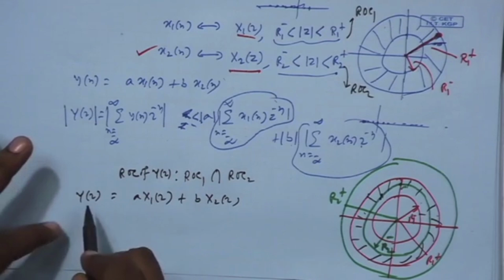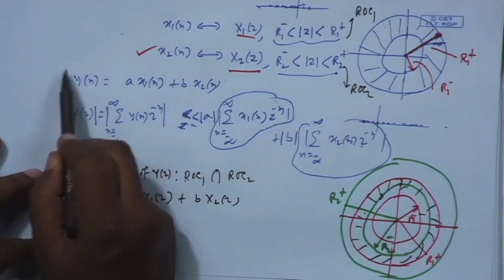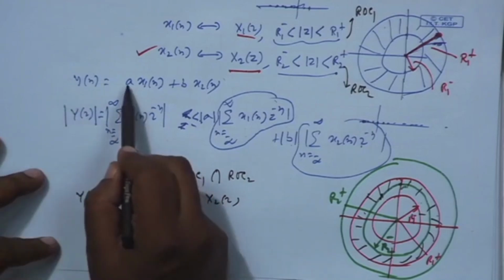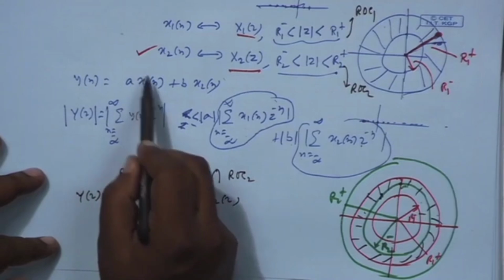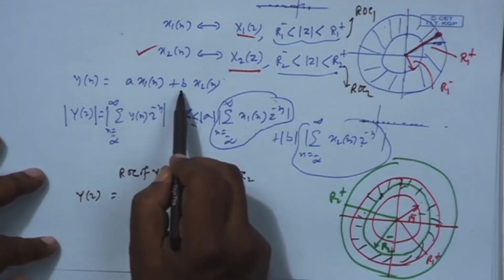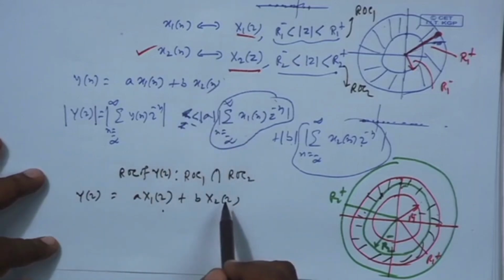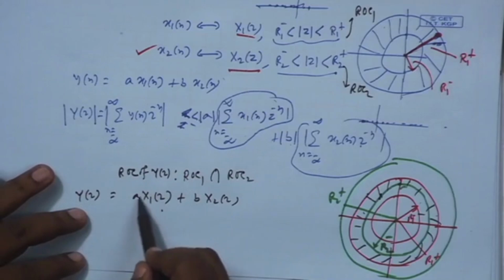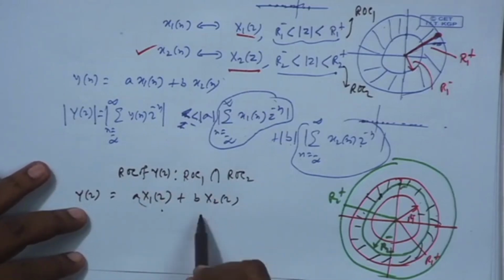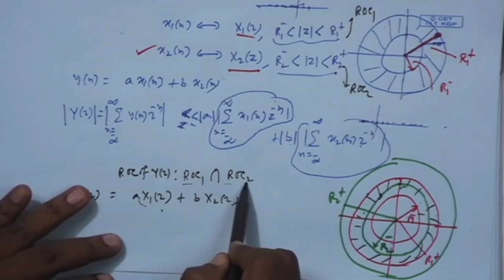Okay. In that case, if you take Z transform Y(z), summation y(n) z to the power minus n, that is same as summation A x1(n) z to the power minus n, which is A capital X1(z), plus summation B x2(n) z to the power minus n, which is X2(z). So, B X2(z), because the X1(z) also is existing, X2(z) is existing, because I am picking z from the intersection between the two ROCs.